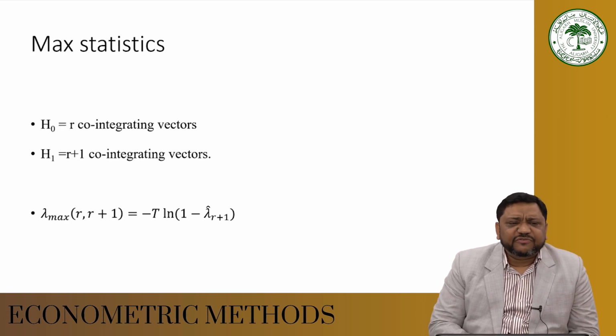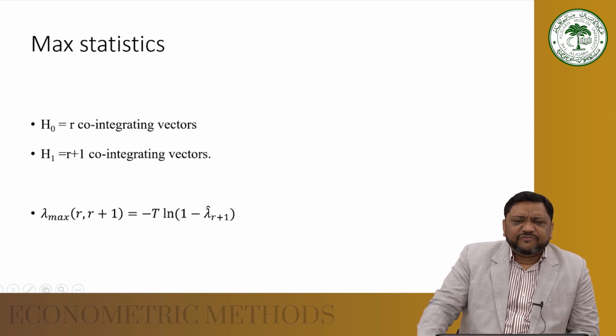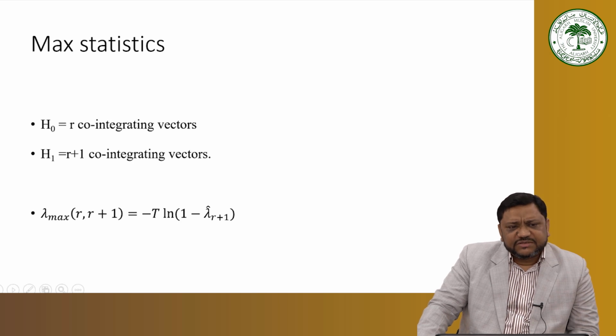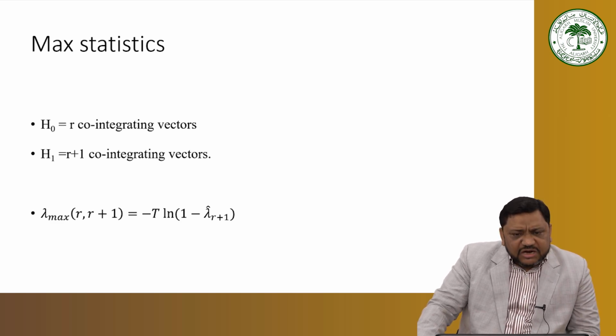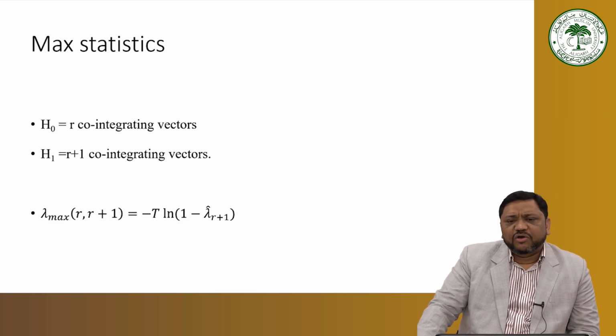These test statistics are based on the characteristic roots, or eigenvalues, obtained from the process. The test consists of ordering the largest eigenvalues in descending order and considering whether they are significantly different from 0 or not.